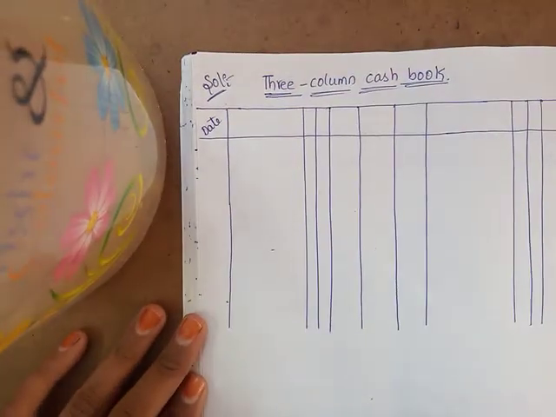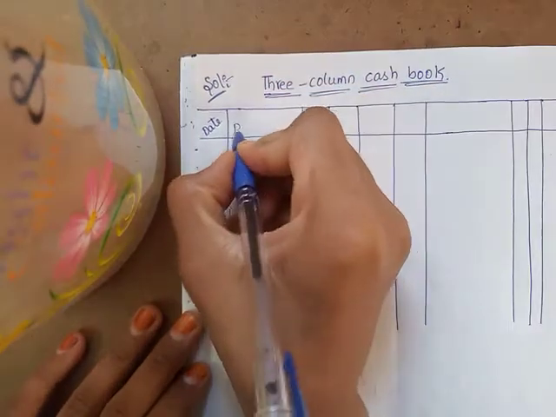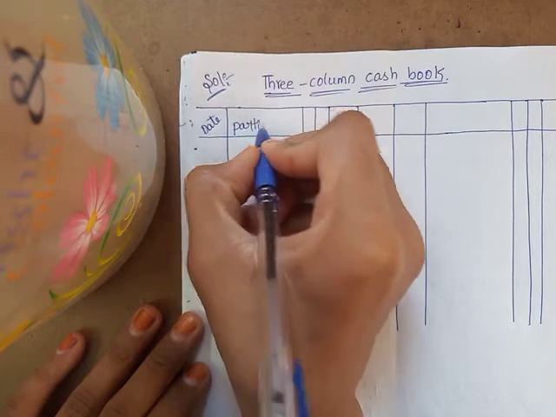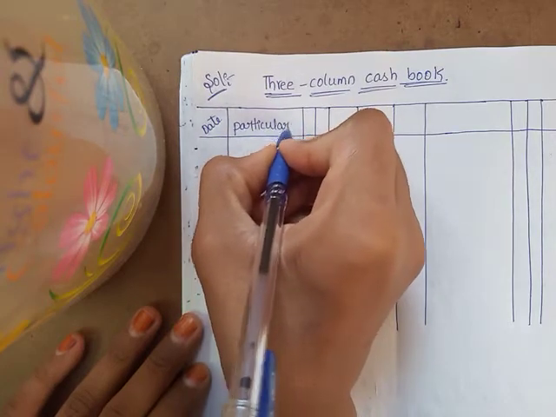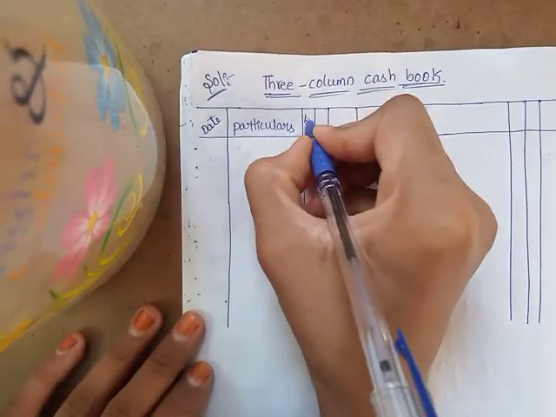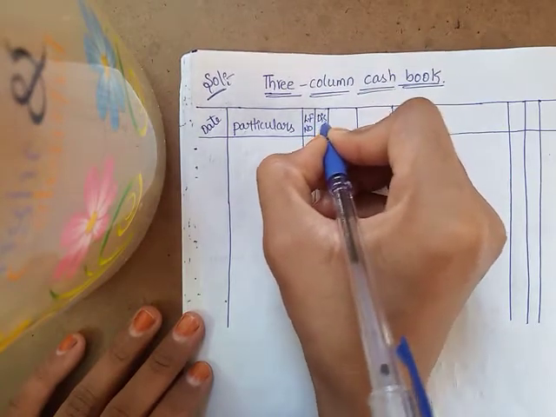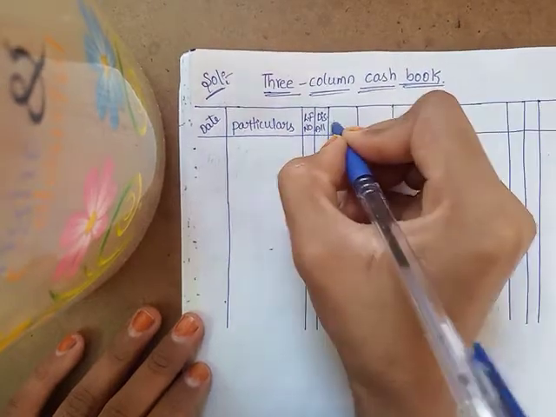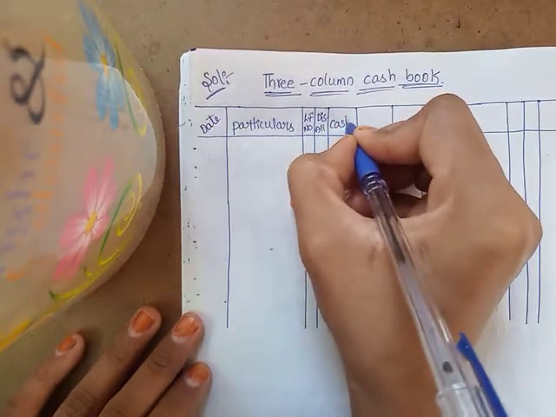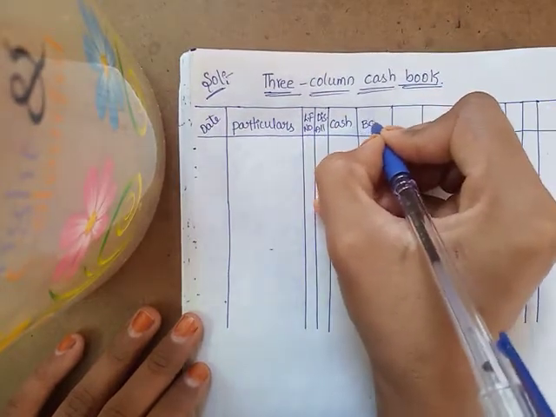Date, particulars, LF number, discount allowed, cash, bank.